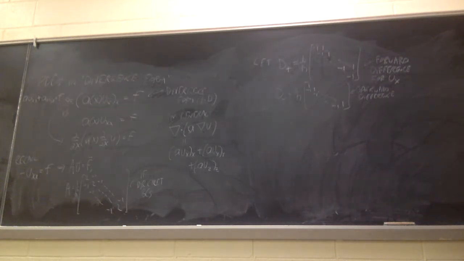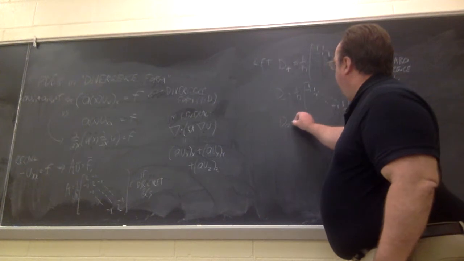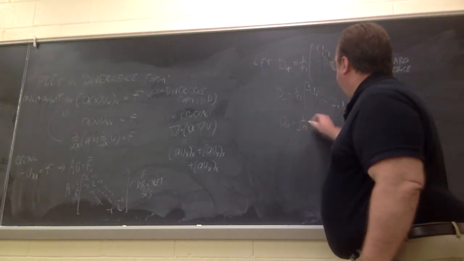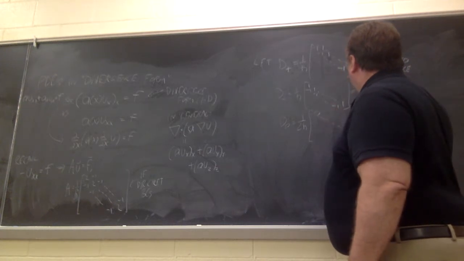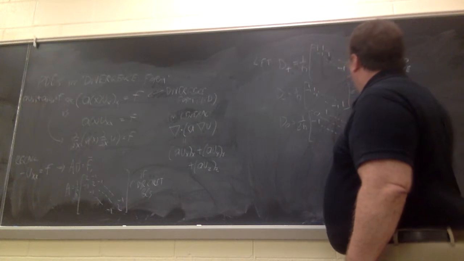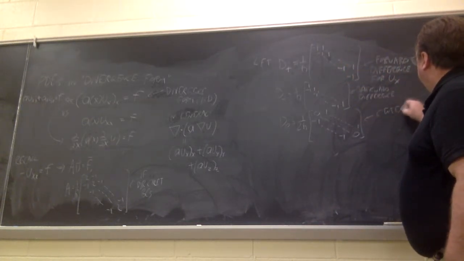These are both first order accurate, as I mentioned last time. And then D0, 1 over 2h. This matrix then has zeros on the diagonal, ones above, minus ones below. That is the centered difference.